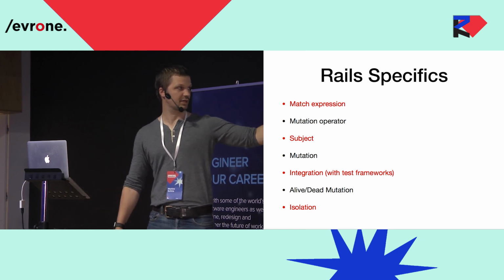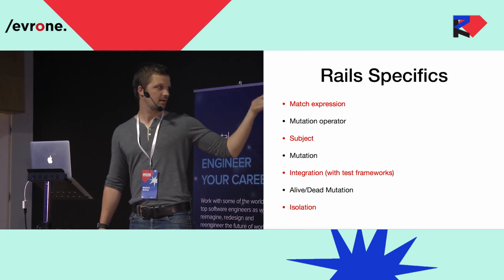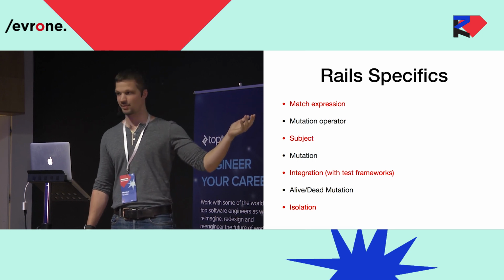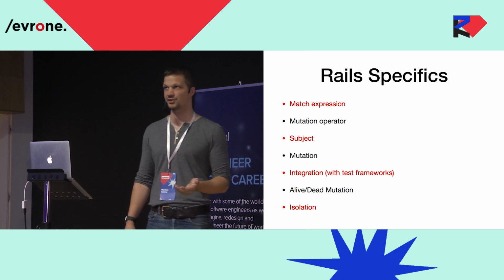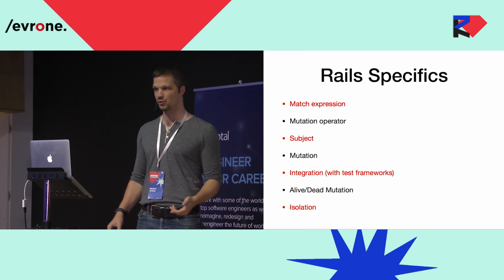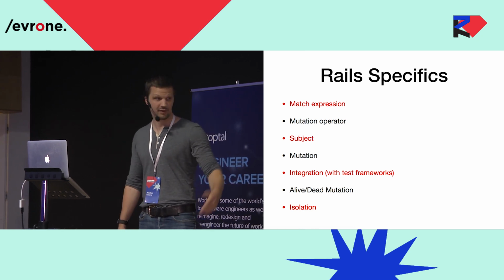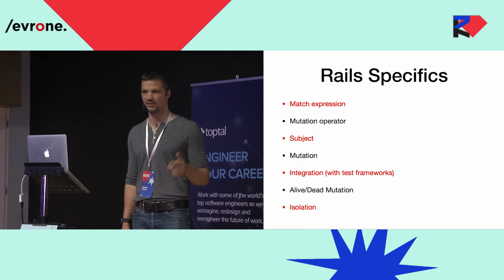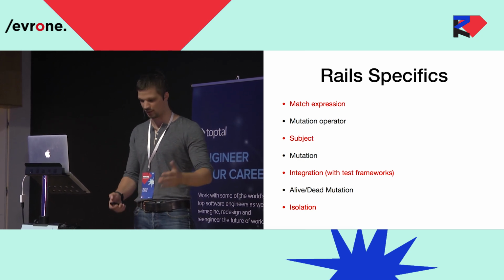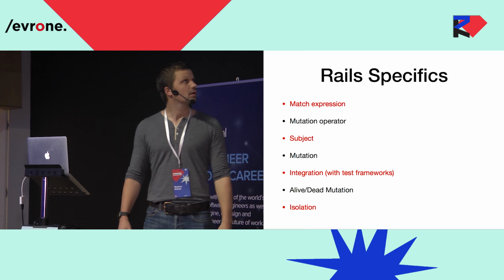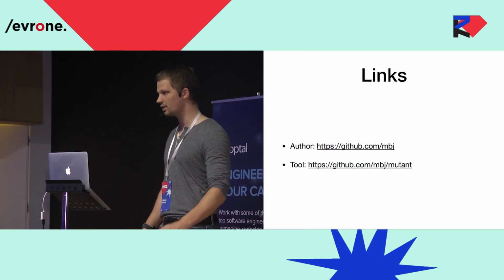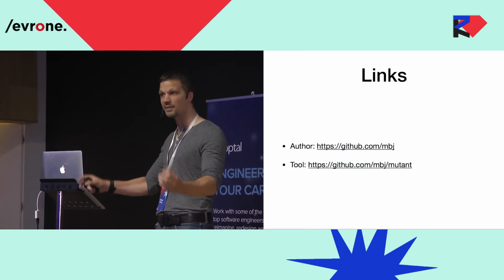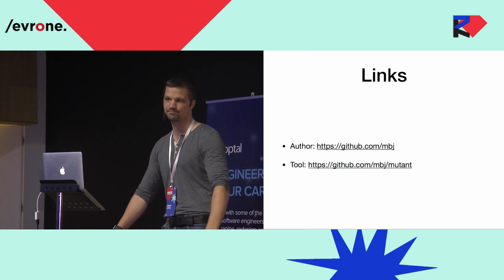And there is isolation because most Rails tests touch the database, and when you touch the database, you potentially can read the state from another thread. Mutant is multi-threaded, so all the state can leak. So you need to have a really good database cleaning setup, and the default database cleaner doesn't always work. I will go into that also in the workshop. So that's it, and I would really like to take questions in the 3 minutes remaining. And sorry for speaking that fast.